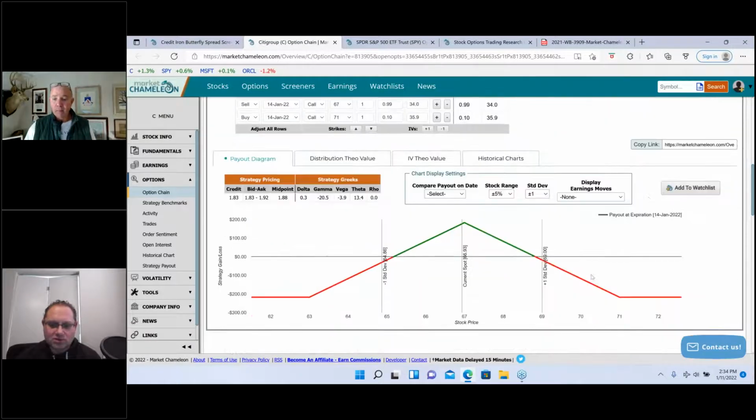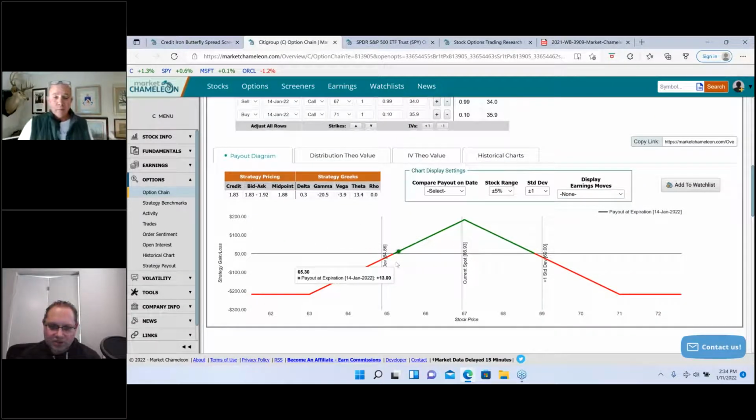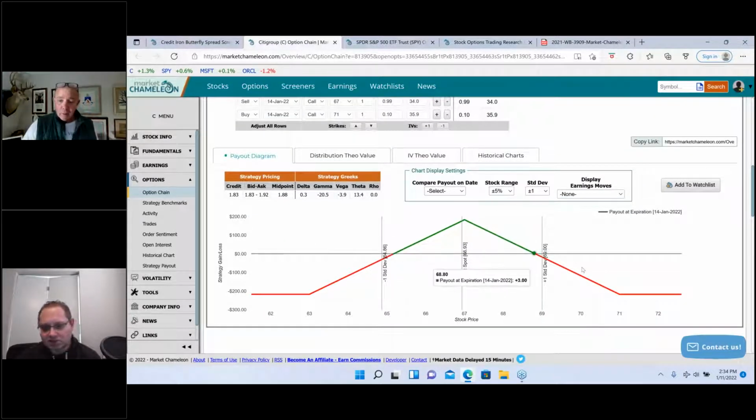And here's what it looks like right now. We see here in the green, this would be profitable at expiration. In the red, it would be unprofitable. We see a $1.83 credit.